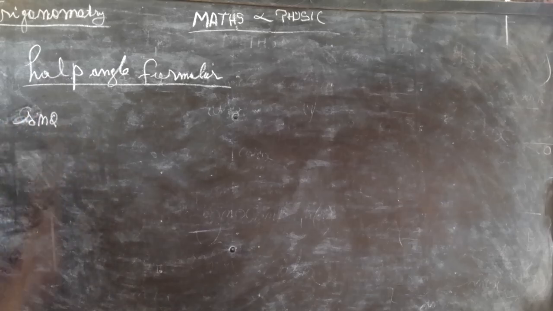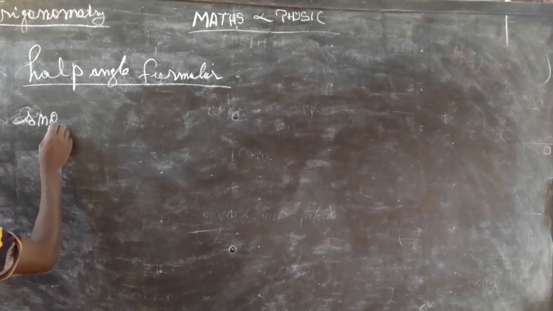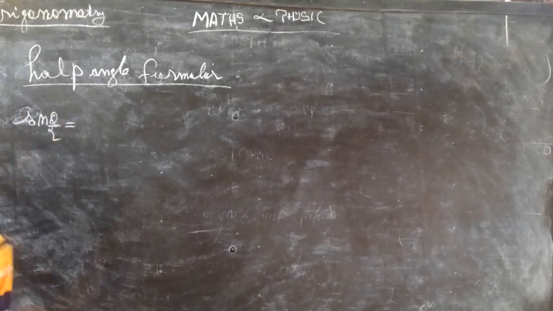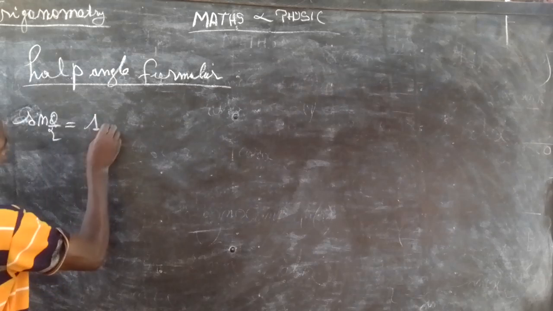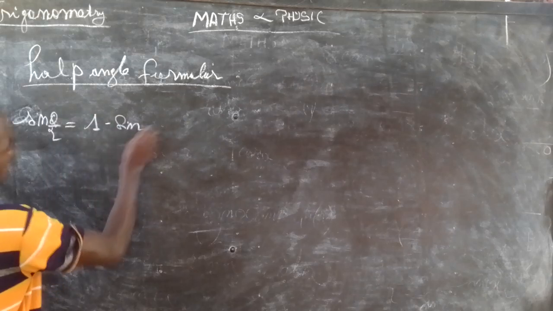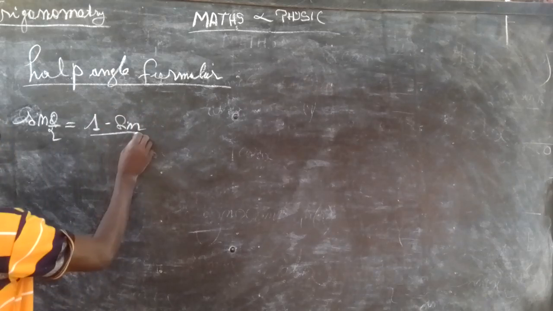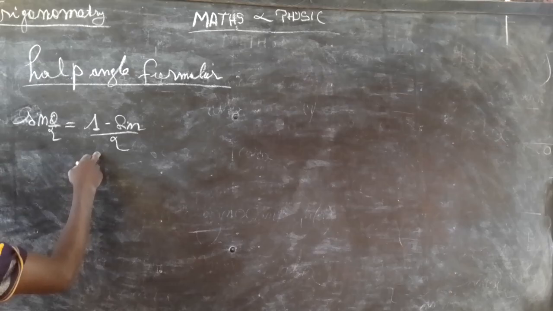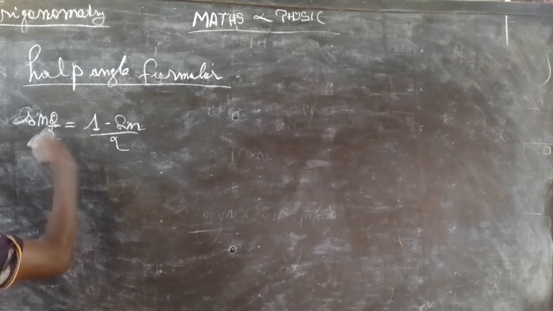If it's a half, it means that you divide this angle by 2. This will be equal to 1 negative sine over 2. This is how we use a half formula.